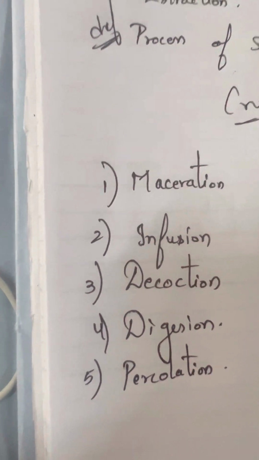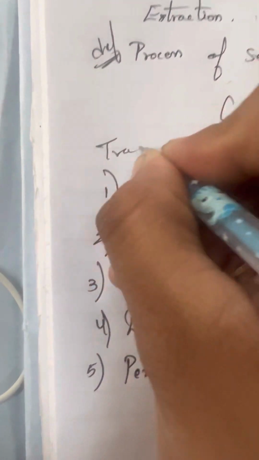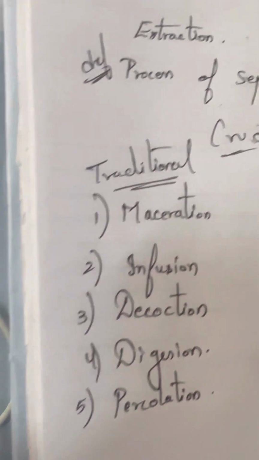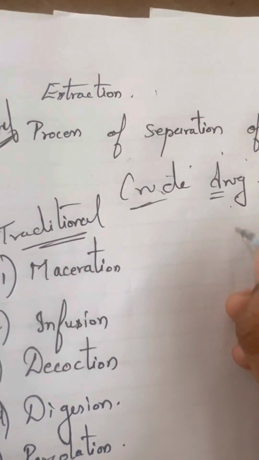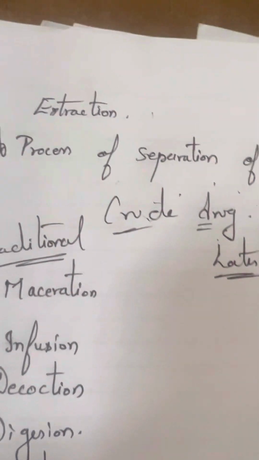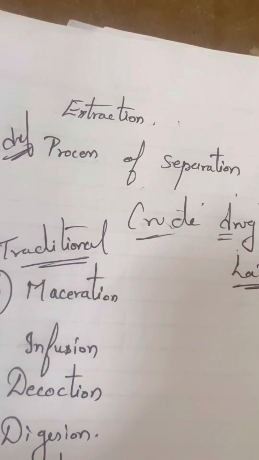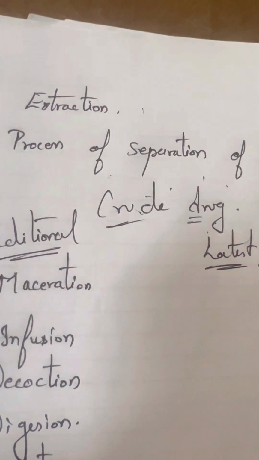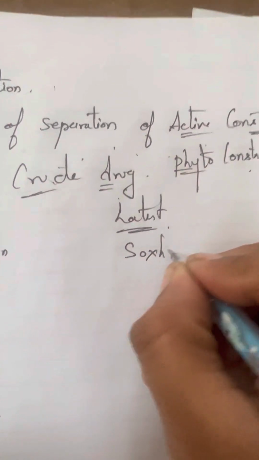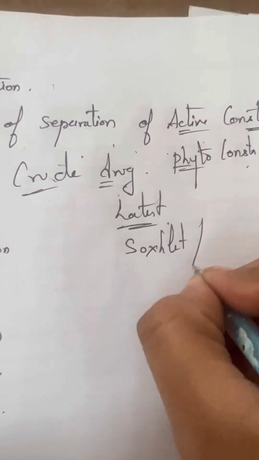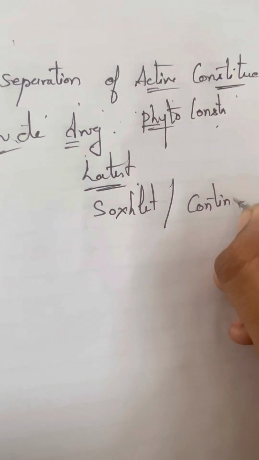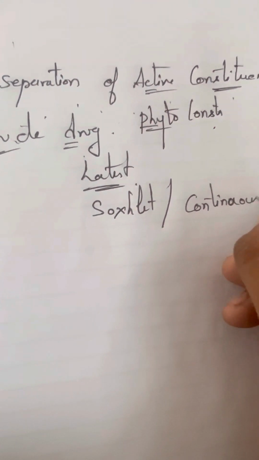These are the traditional techniques. Later on, latest techniques were produced, like Soxhlet extraction, also known as continuous hot extraction.